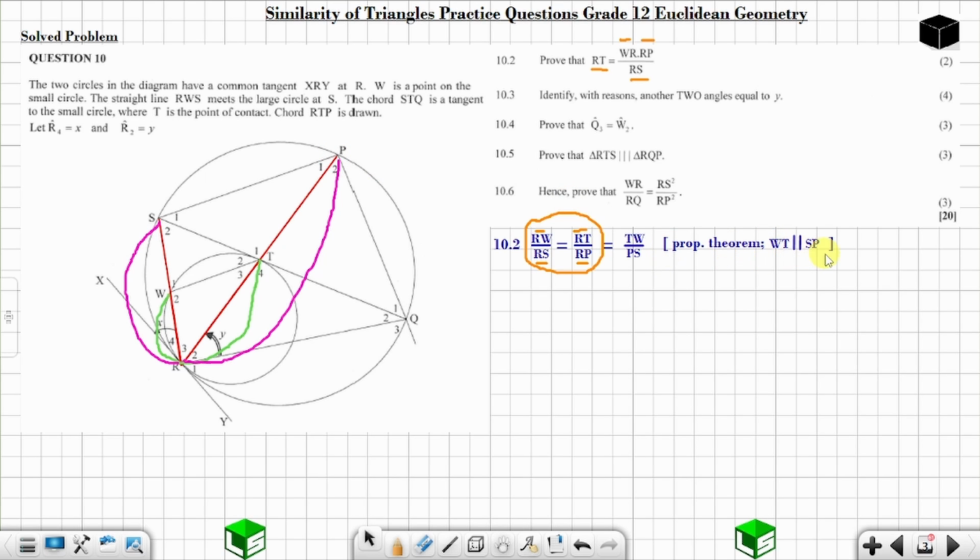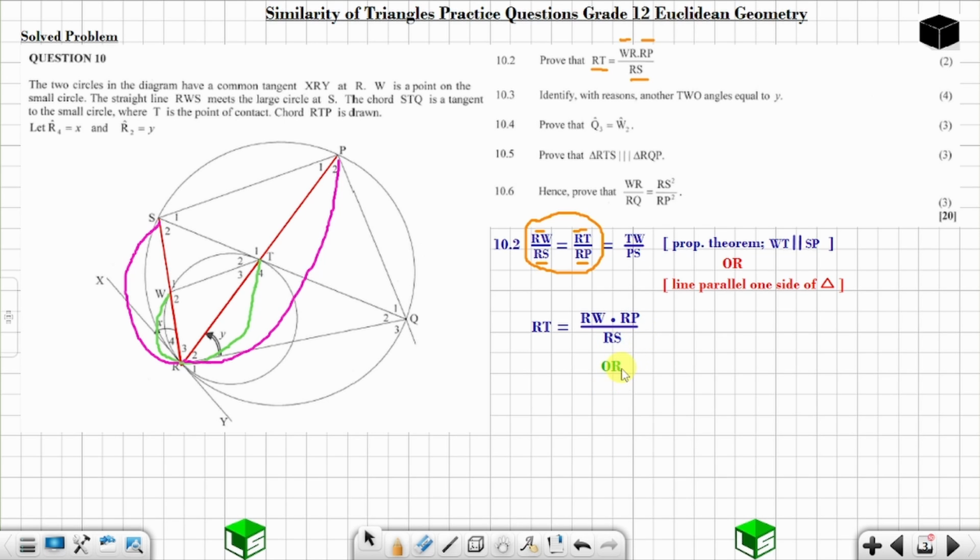So RT is equal to, you multiply by RP on both sides, you are going to have RW times RP over RS.